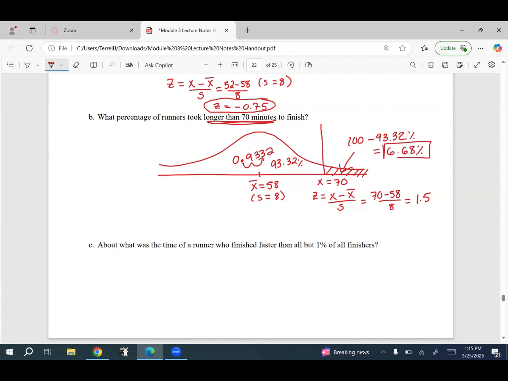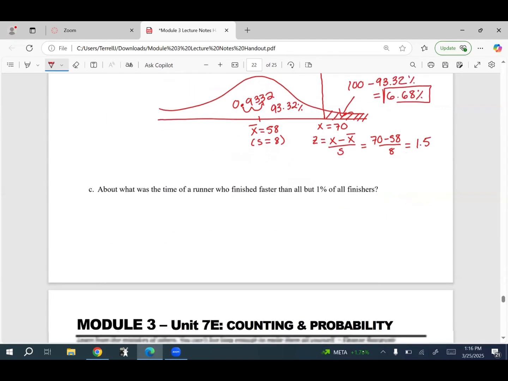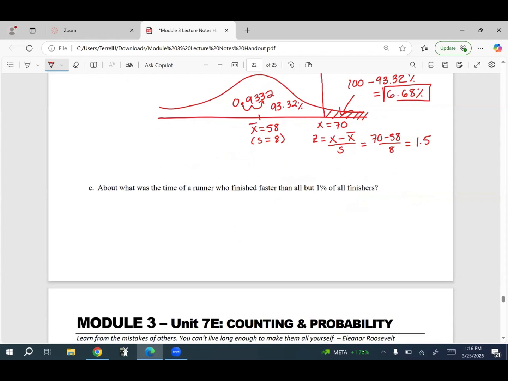That is that piece. We were able to do this because we knew under the whole curve, it must add up to 100. So if I have this piece to the left, take 100 minus that piece, and I'll get the shaded region I need. Look at the last example.